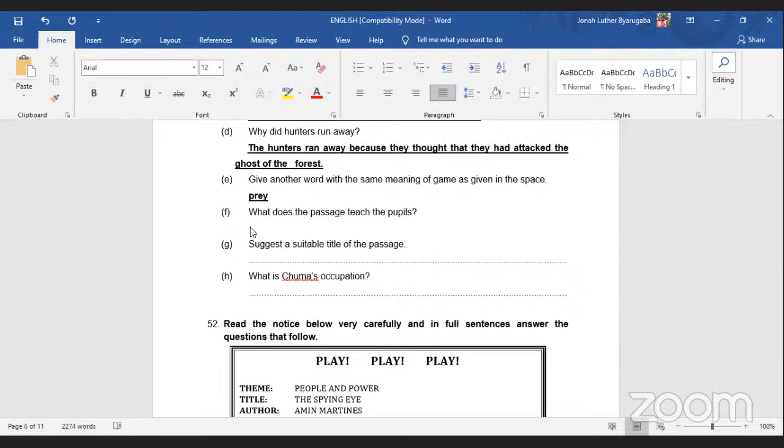I think it teaches pupils not to dodge classes, not to dodge school. I put it like that. Esther, are you there? I'm here.